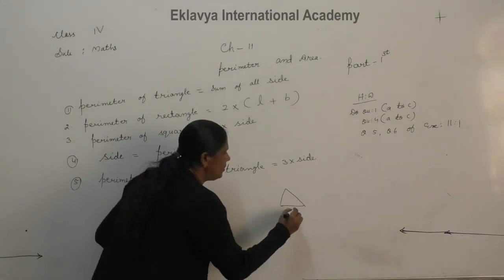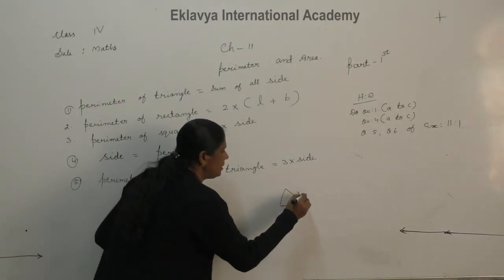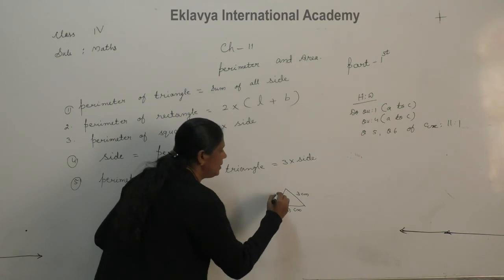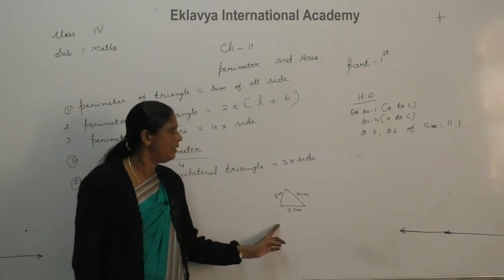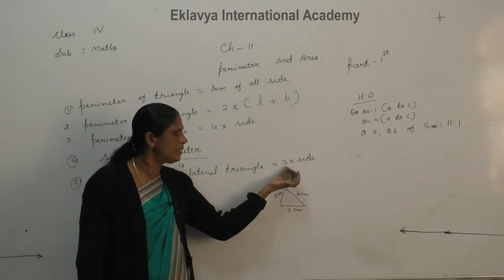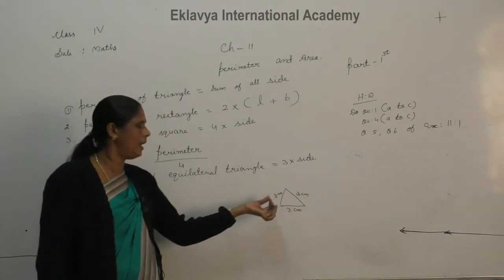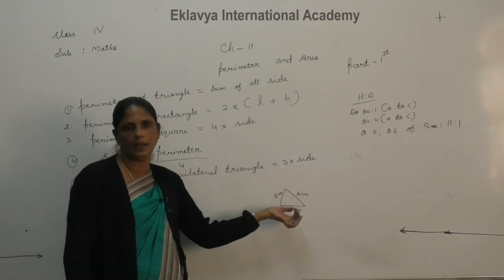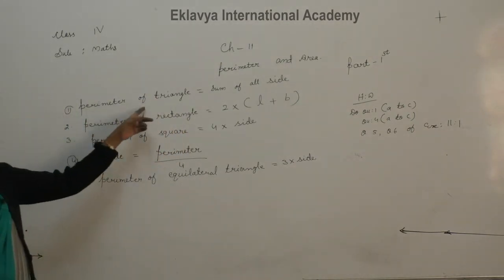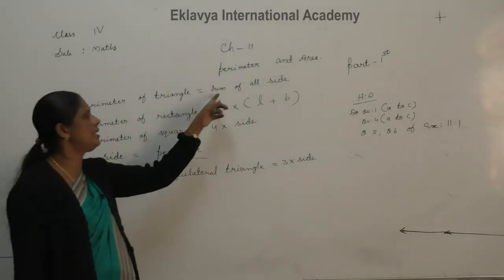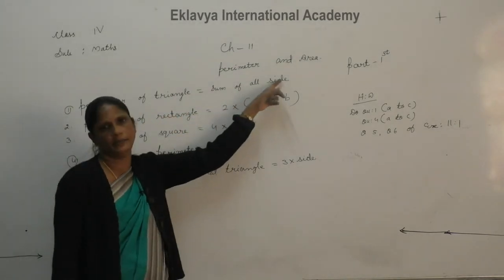Here 3 centimeter, here 3 centimeter, here 3 centimeter. In an equilateral triangle, all sides are equal. Then the formula is 3 multiply side. Our question: 3 into 3, 9. Understand?